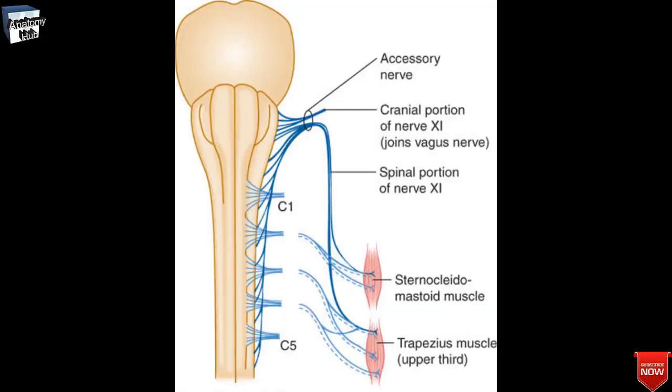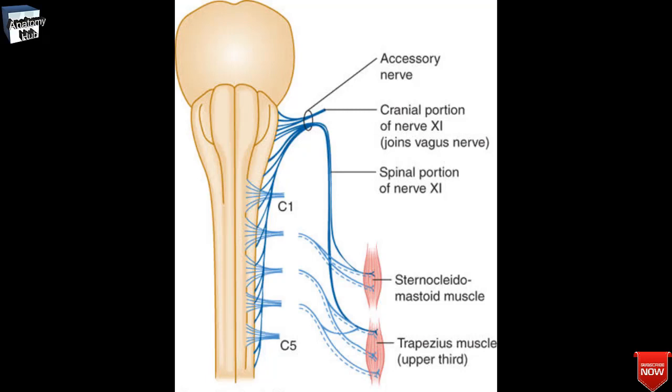So outside the cranium, the spinal part descends along the internal carotid artery and reaches the sternocleidomastoid muscle and innervates the sternocleidomastoid muscle, then moves across the posterior triangle of the neck and supplies the motor fibers to the trapezius muscle. The cranial component is the portion that is very much smaller and arises from the lateral aspect of the medulla oblongata, that I have already shown you, and it leaves the cranium via the jugular foramen where it contacts the spinal part of the accessory nerve.